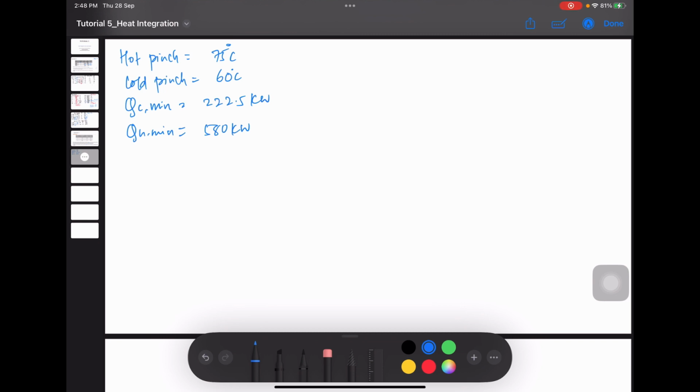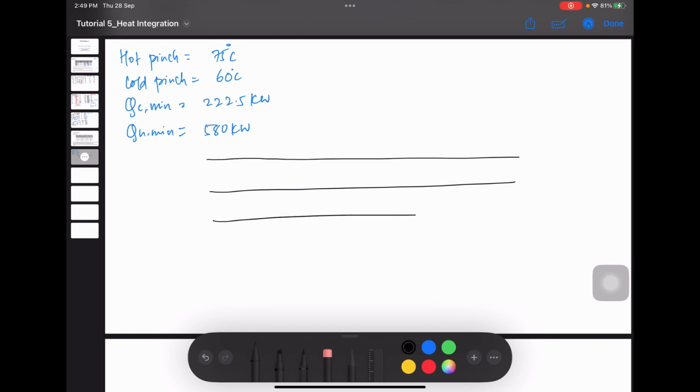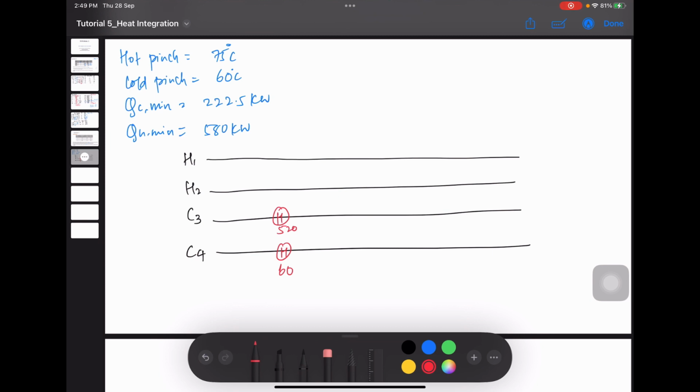After you perform the heat integration, you will get your heat exchanger network something like this. Here you have a heater 520, heater 60.